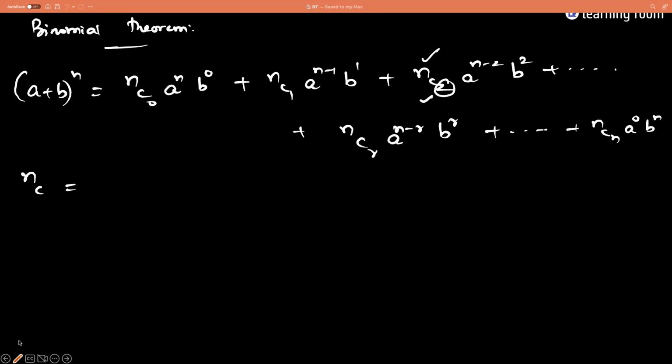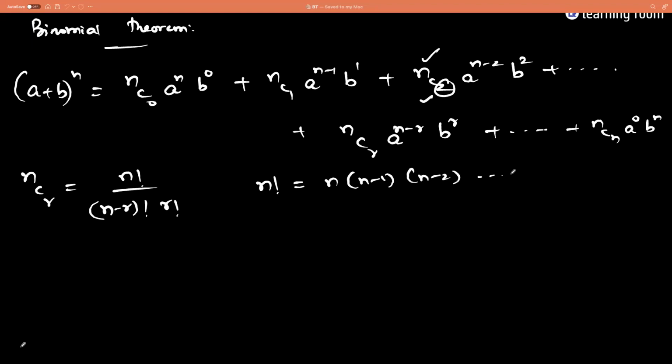nCr is n factorial by (n minus r) factorial r factorial. Okay, good. So what is n factorial equal to? n into (n minus 1) into (n minus 2), and so on till 1.